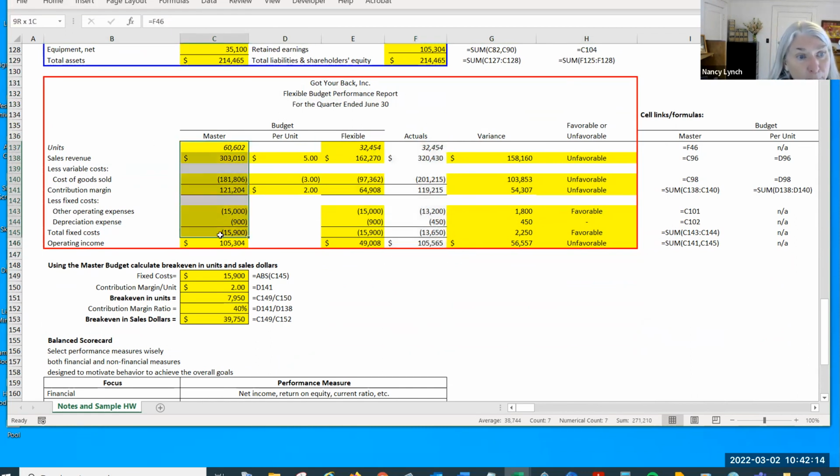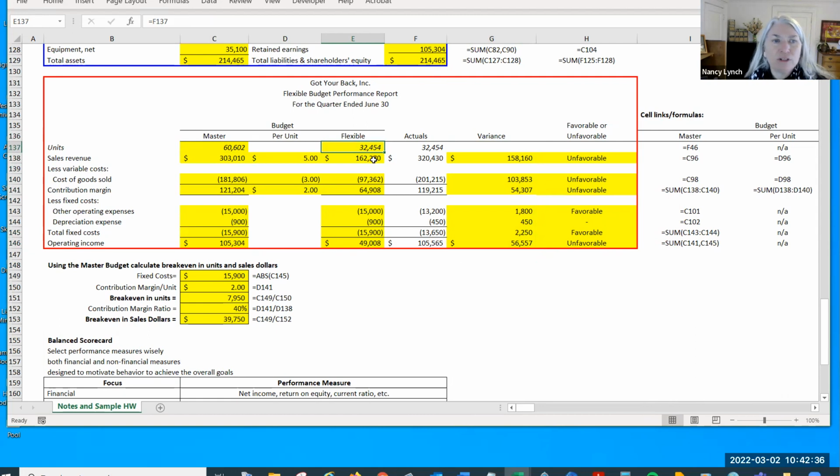This is what we had budgeted to have happen. Well, how'd we do? We're going to figure out the variance, but it doesn't make sense to compare against a budget based on this many units when the actual units sold were only almost half. So here, we had a bad quarter.